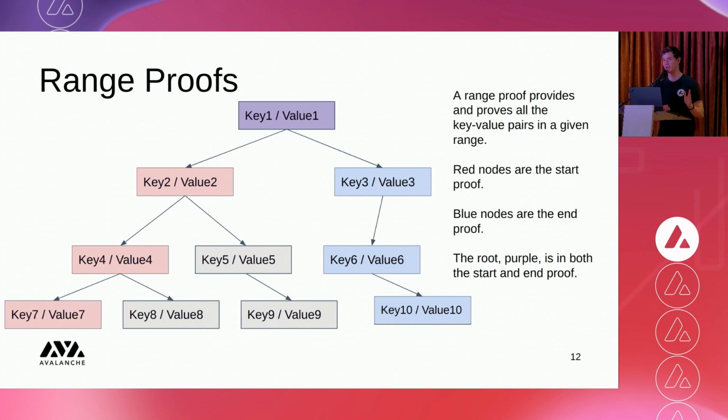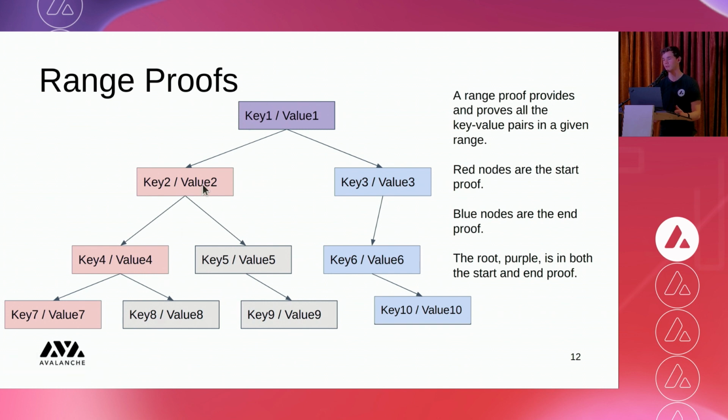Okay, and let's think about why that is. So let's say that I give you a Merkle proof for key 7, right? So now I have proven to you that key 7 and value 7 are in the database, and its parent, and so on. Right? And I've done the same for key 10 by these Merkle proofs. And let's suppose for a second that I'm trying to lie to you, and I'm trying to tell you that key 8 doesn't exist, right?